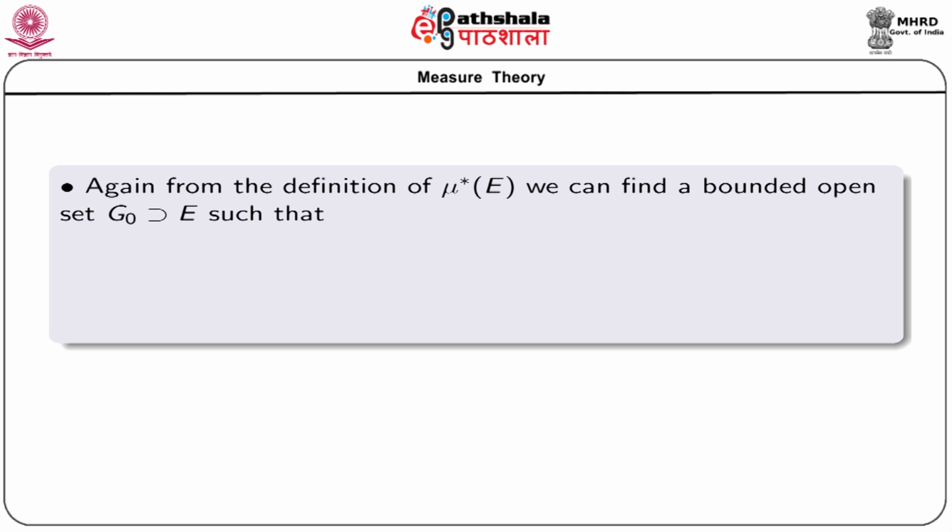Now, we start from the definition of the outer measure of E. So, from the definition of mu star E, we can find a bounded open set G0 containing E such that mu of G0 is less than mu upper star E plus epsilon by 3.